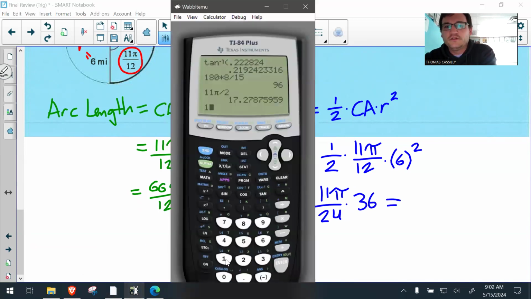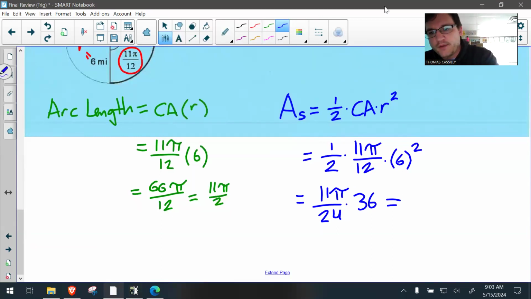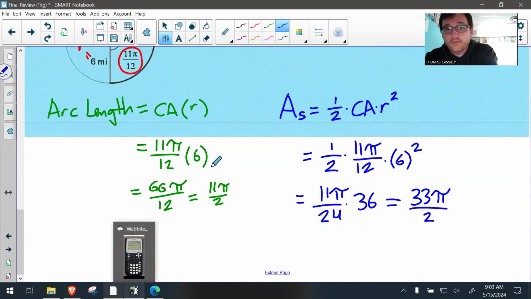So here's what I'm going to do. I'm going to ignore the pi for now. 11 times 36 divided by 24 is 16.5. I don't know what that is, so I'm going to turn that into a fraction. That's 33 halves. Now I'm going to put pi back in: 33 pi over 2. If you throw the pi in there, it will not turn it into that fraction for you.